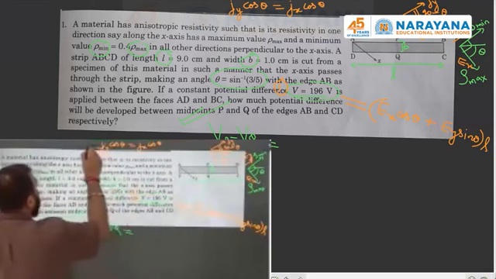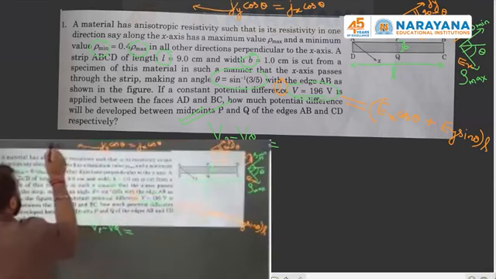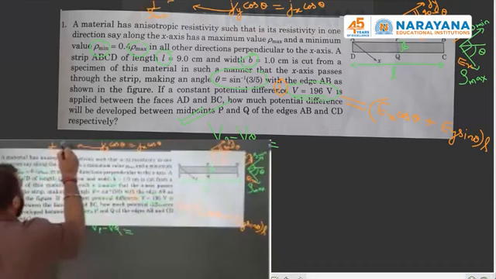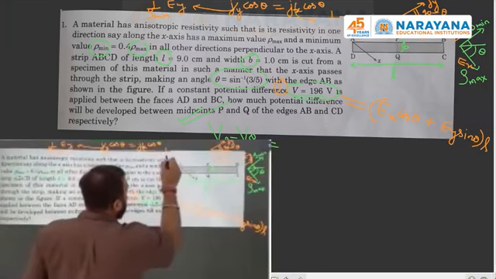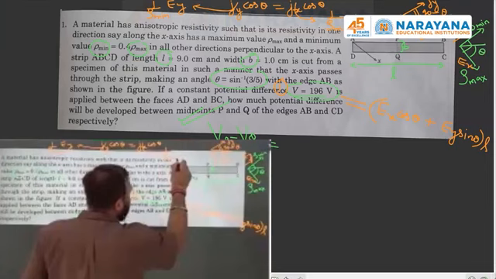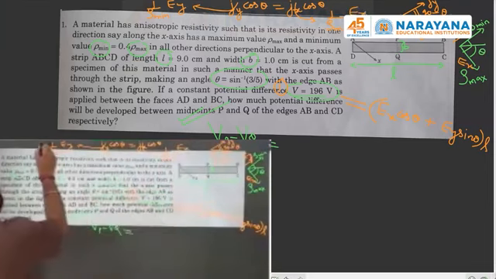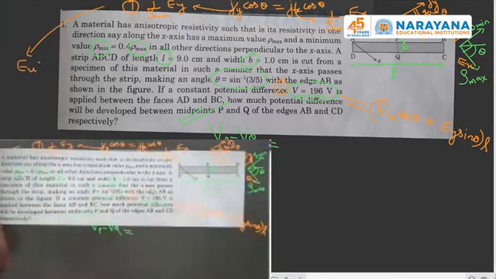Right? And you write your JY as sigma, so 1 upon rho min into EY, and write your JX as 1 upon rho max into EX. Theta is known. This is a healthy equation in EX versus EY.